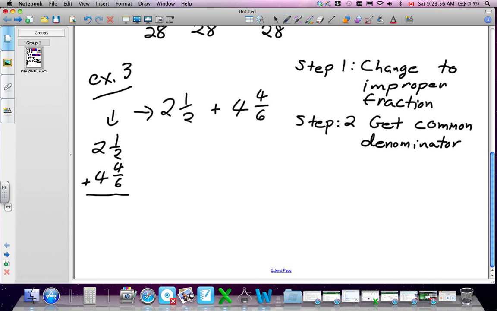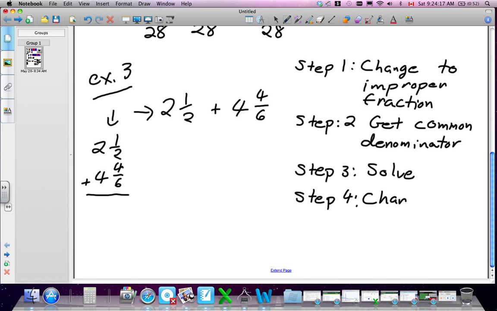Step 3, solve. Because once you have a common denominator in improper fractions, we just have to add or subtract or multiply. And then Step 4, change back to mixed fraction.